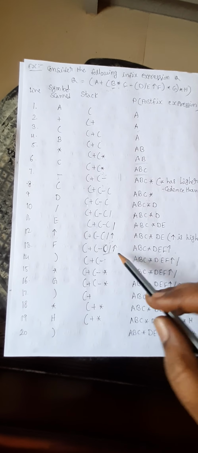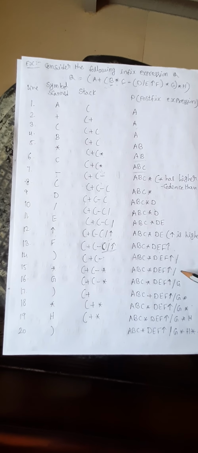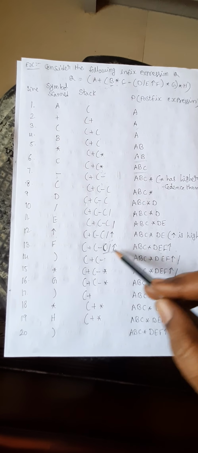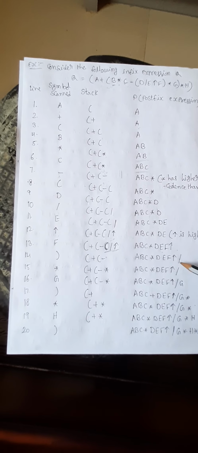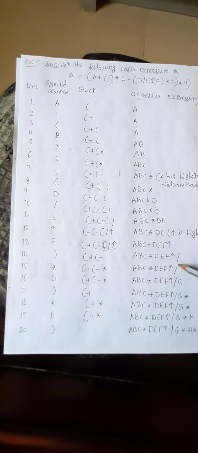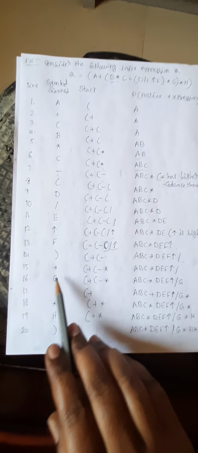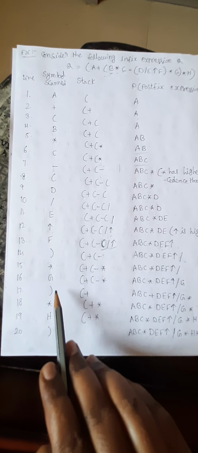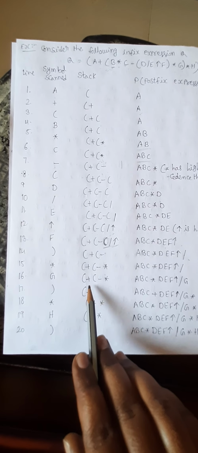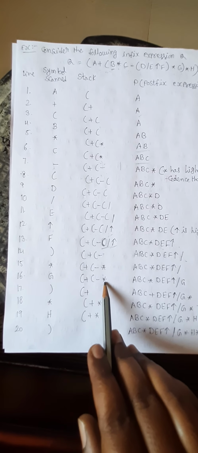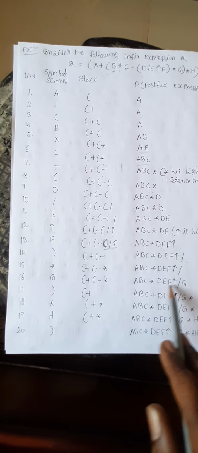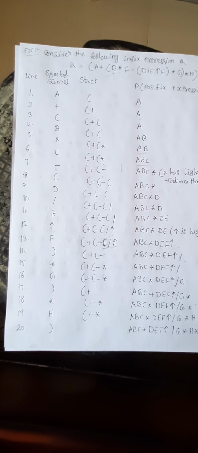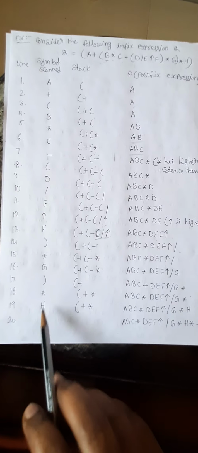And here after taking this exponent, we have to send this division symbol into the postfix expression, and after that the multiplication symbol is scanned, and after that it contains G. Again G will be scanned, and G will be sent to the postfix expression.